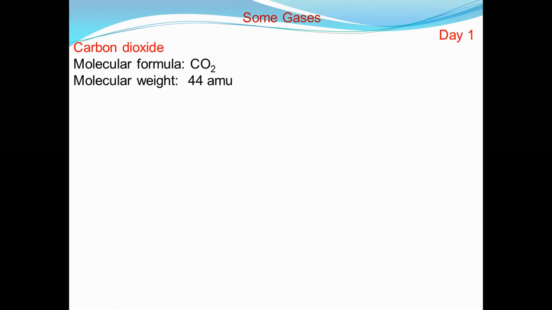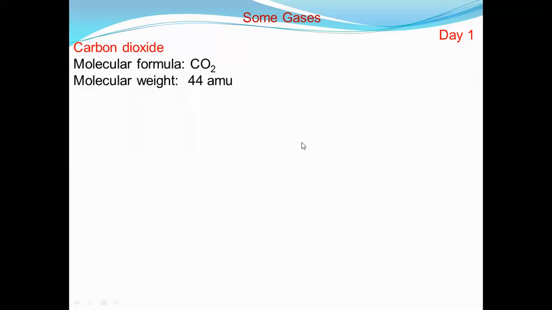And the molecular weight, if you are thinking, it is simple. Molecular weight is the sum of the atomic weights of all the atoms. There is one carbon atom and two oxygen atoms. The carbon atom has an atomic weight of 12, because 6 protons and 6 neutrons, and oxygen has atomic weight 16, 8 protons and 8 neutrons.